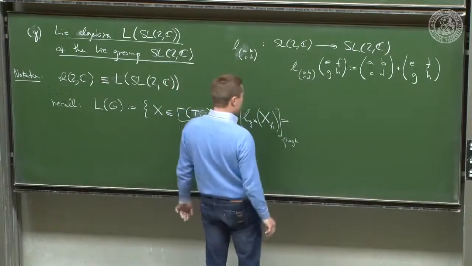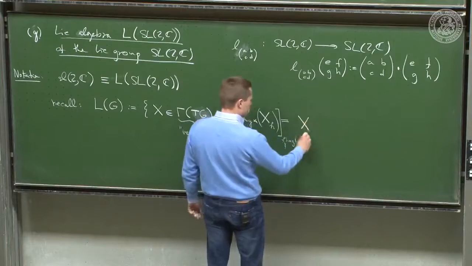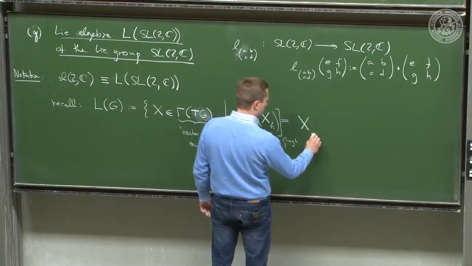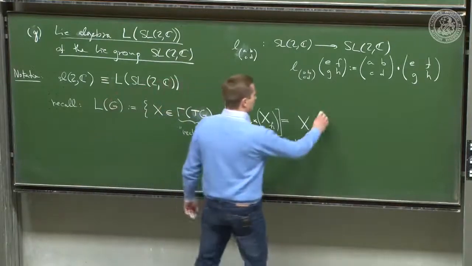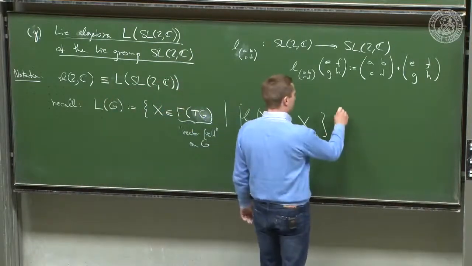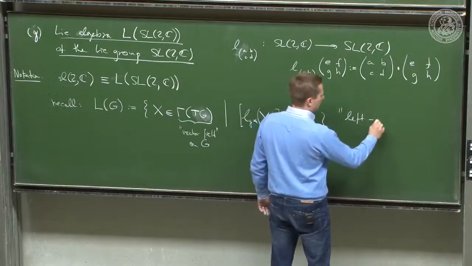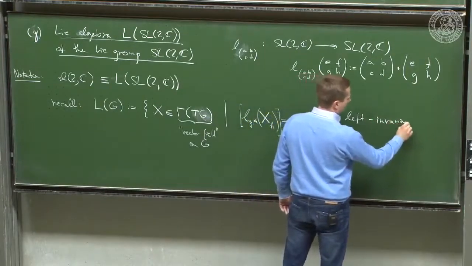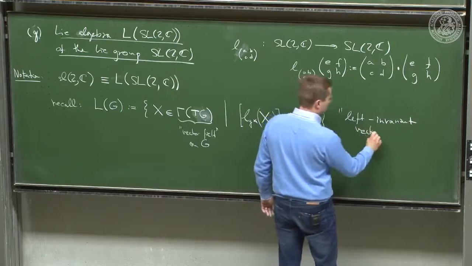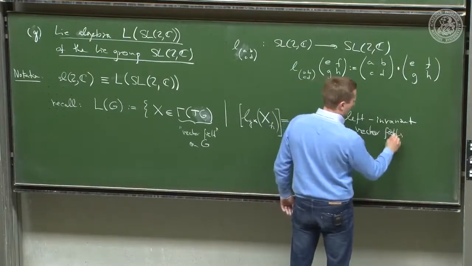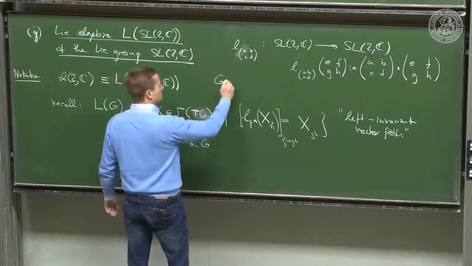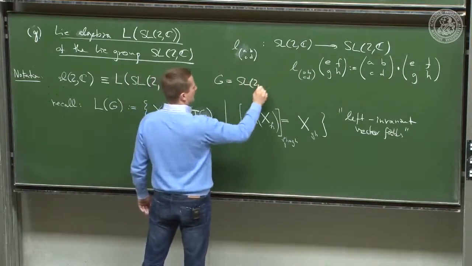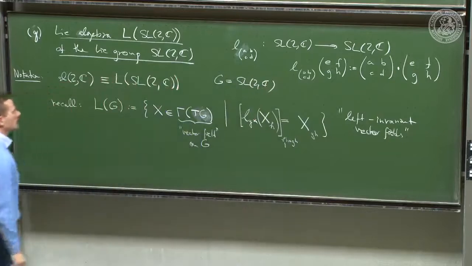You can require that this is what the vector field at that point already was, X_gh, and that's the set of left invariant vector fields. Wherever I wrote g, this is in our case SL2C. That was the definition of this Lie algebra.